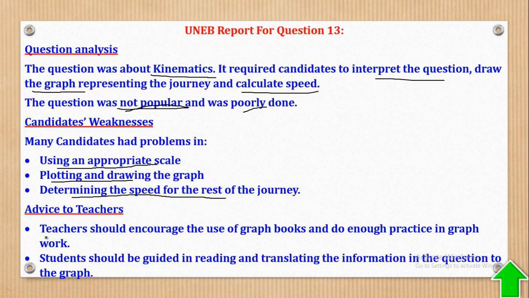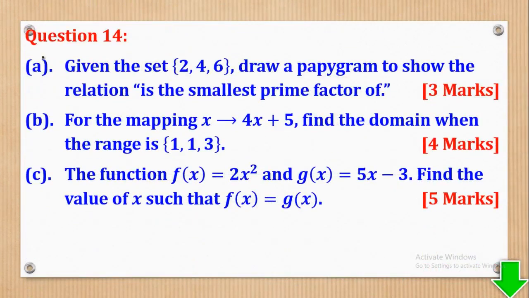So advice to teachers, that teachers should encourage the use of graph books and do enough practice in graph work. Also, students should be guided in reading and translating the information in the question to the graph. So that was question 13.